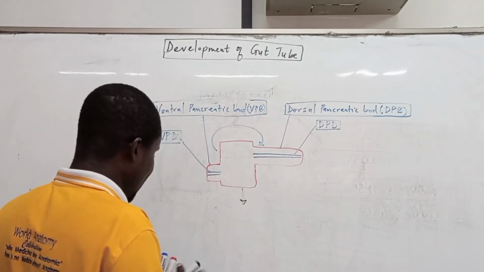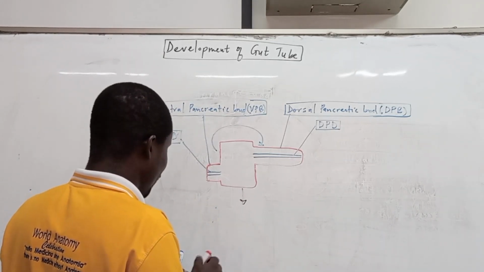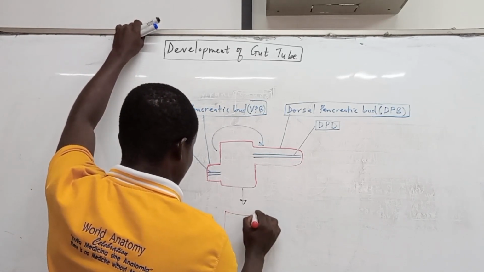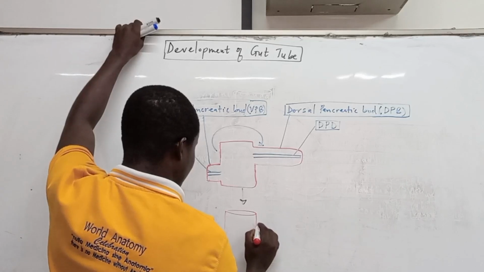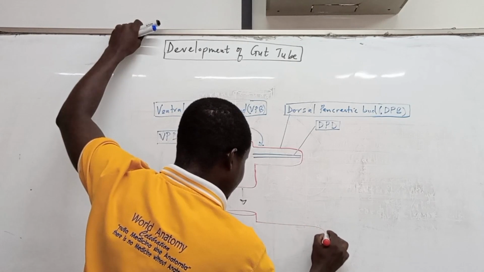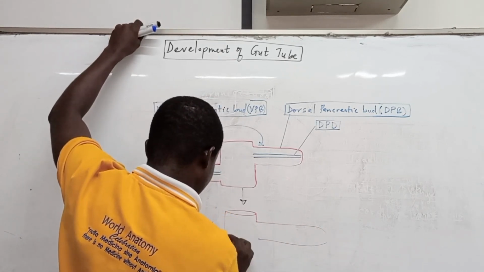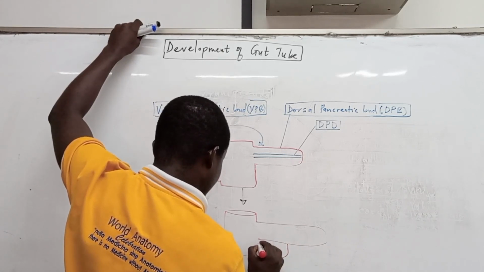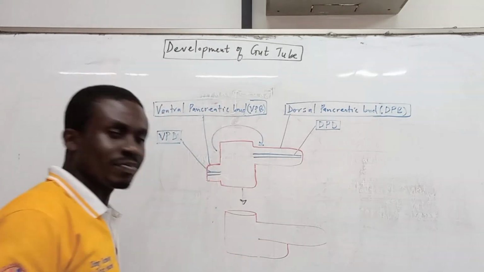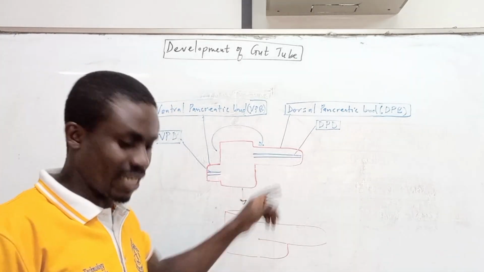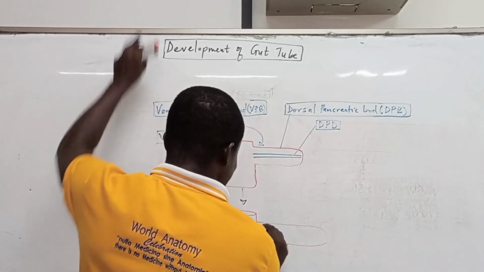I want to make this very simple for us. So that's what we will see. We get to a point where this one has grown to meet it over here. So that's all. We have our respective ducts in there.